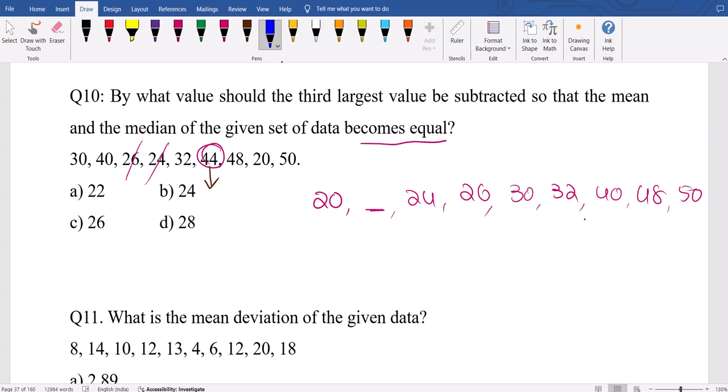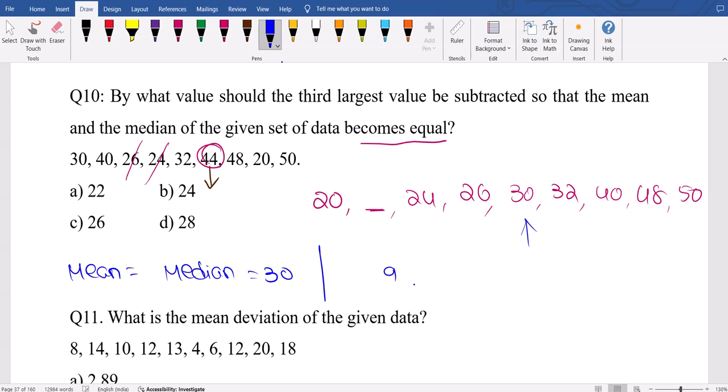9. Median is the middle one, 30. I'm using the options here clearly. So median is 30. Right. Now if you want to get median 30, sum of this minus some x should be equal to the average. So average will be what? 9 terms, 9 into 30, because mean and median both are equal as per the question.